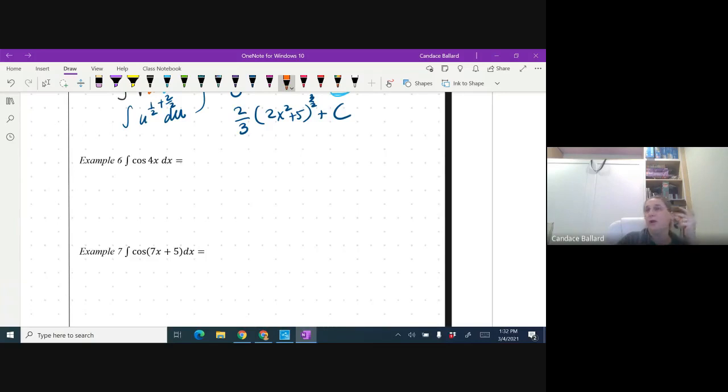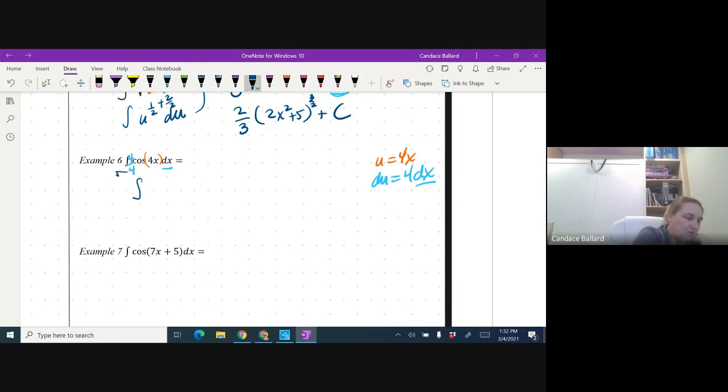Nice job. Easy, right? But mathematicians are lazy. Notice we didn't put parentheses around that, right? We should have, technically. But inside the trig is the 4x, which means that du is equal to 4dx. And what do you know? The 4 is missing, right? I have the dx, but I don't have the 4. So I'm going to add the 4 to the top and the bottom.